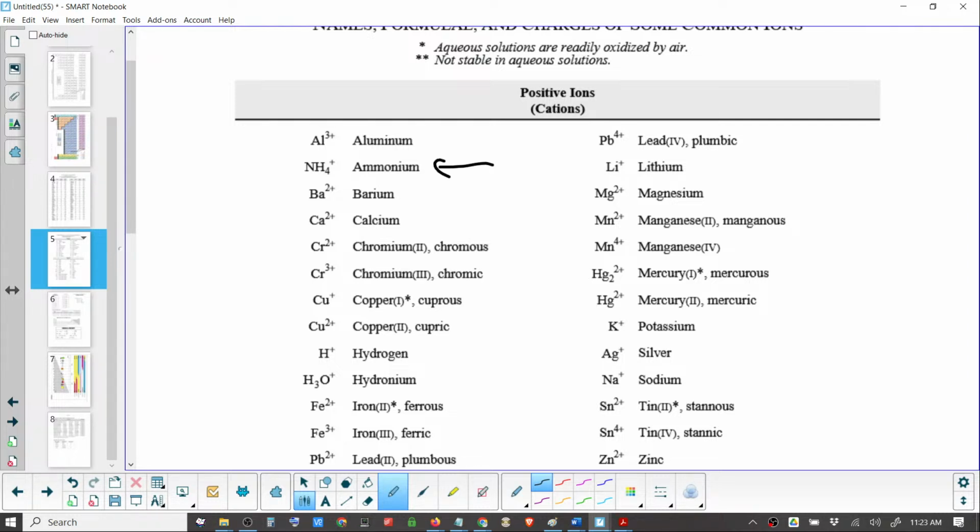So if you want to sound really cool, you can call chromium 2 chromous, and chromium plus 3 is chromic. Copper 1 is cuprous. Copper 2 is cupric. So when you were doing your lab, you weren't using copper 2 chloride. If you knew it really well, you were using cupric chloride. I am not going to require you to know those old names, but if you see them, they're in your table, so you can look them up.